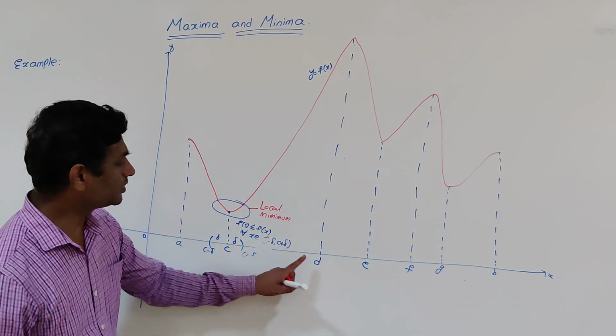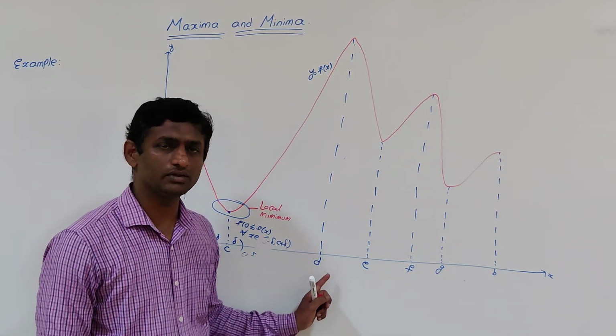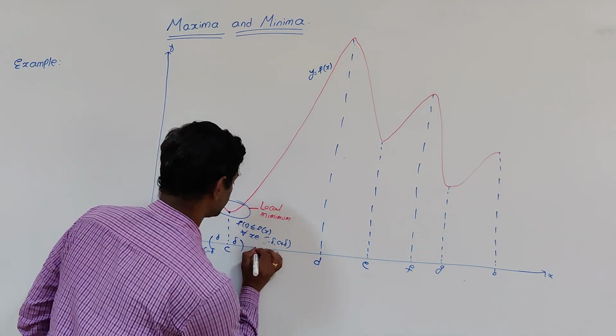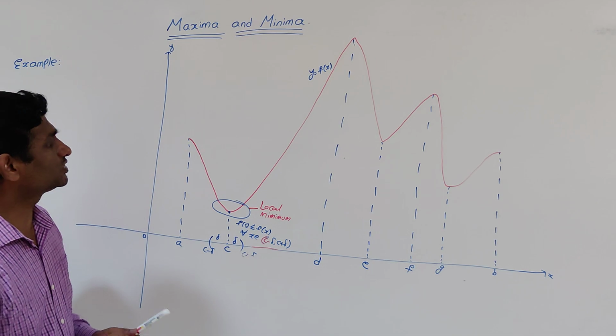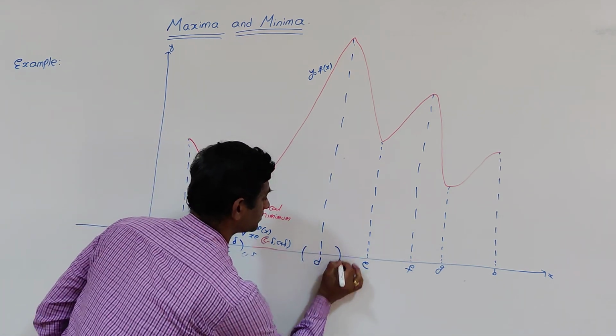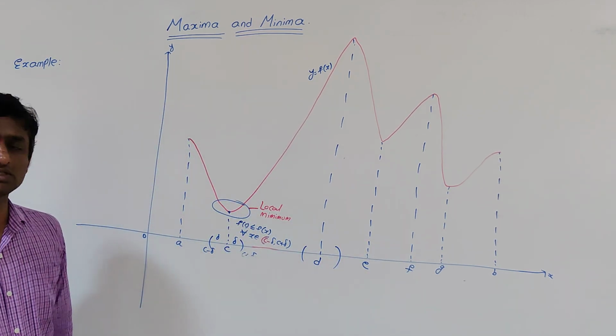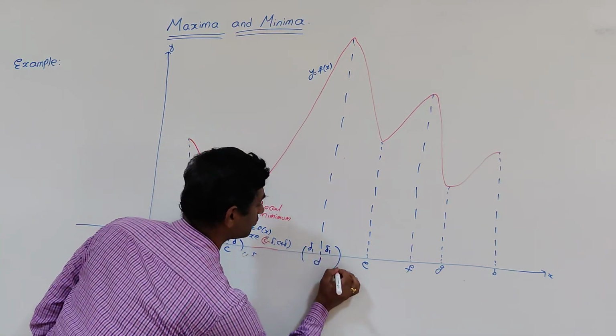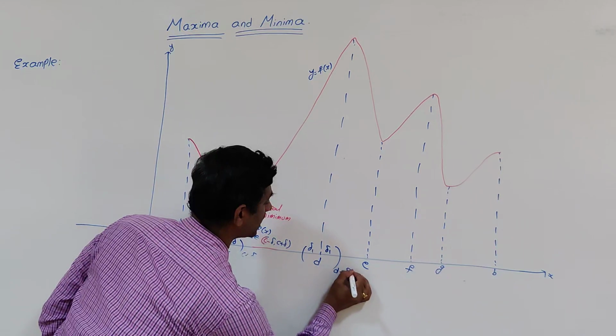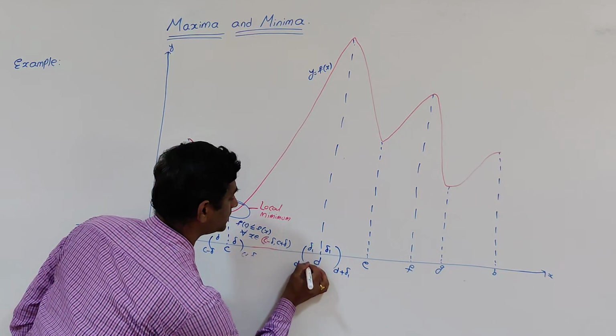Now compare it to D. Coming to D, if you take a small neighborhood of D with some delta 1 distance, then D plus delta 1 and D minus delta 1.